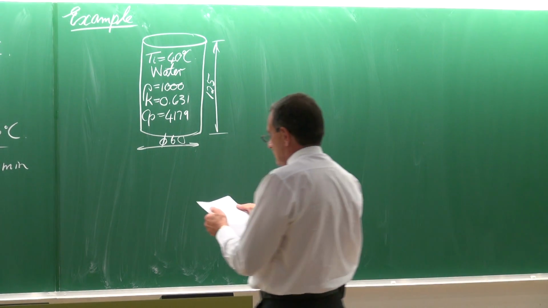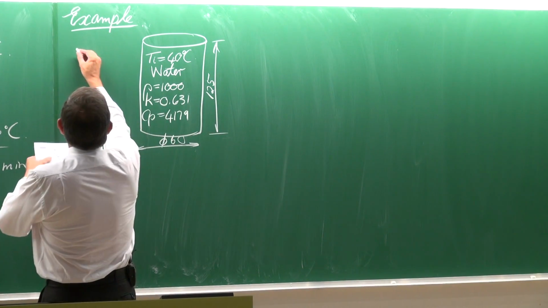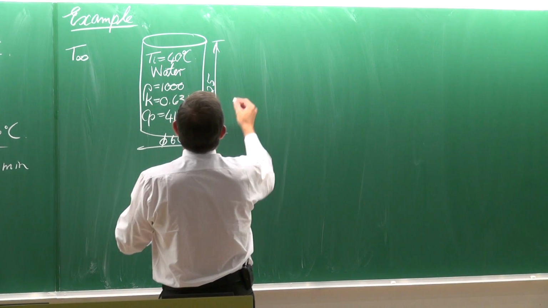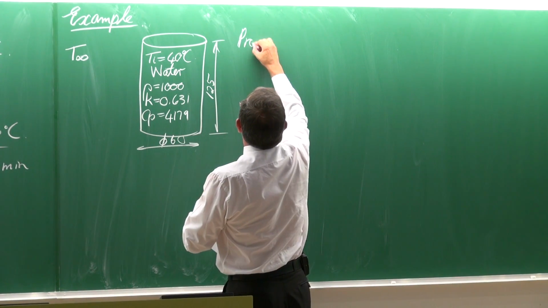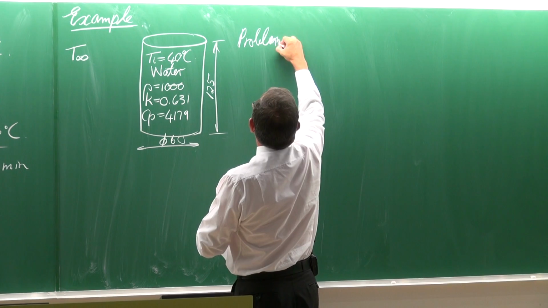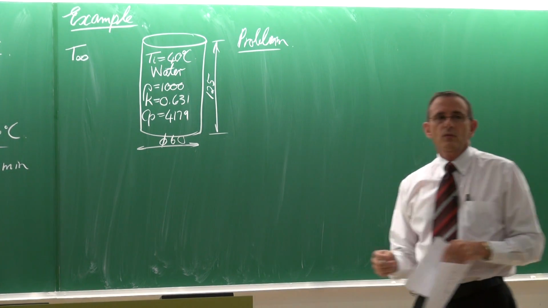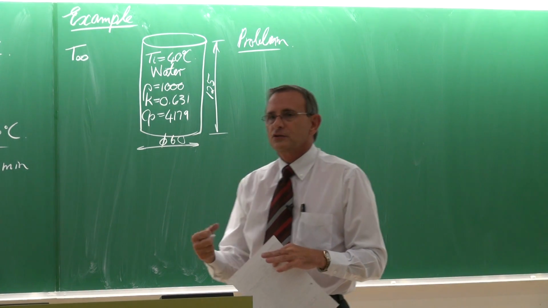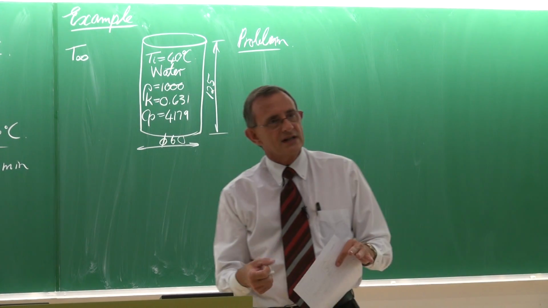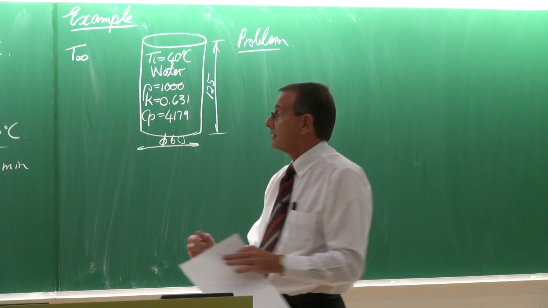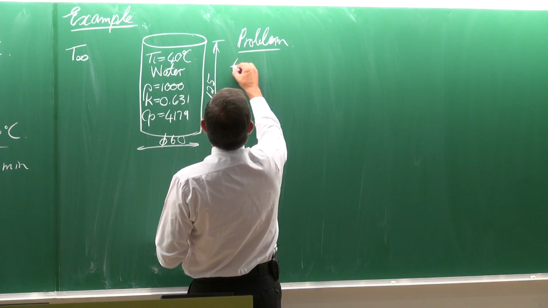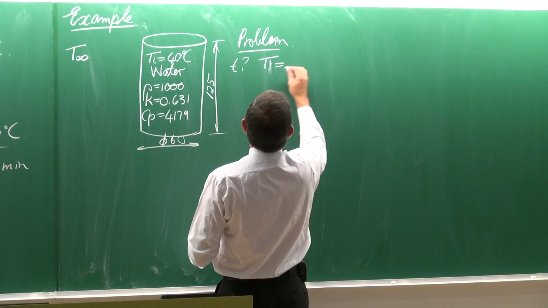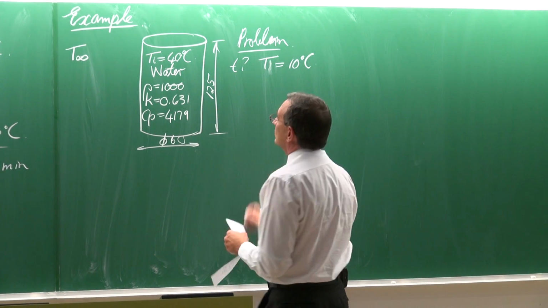Right. So what we have here is the problem: the beer is warm and the rugby is going to start, and we want to know how long it is going to take to get this beer to 10 degrees Celsius, and what our options are.